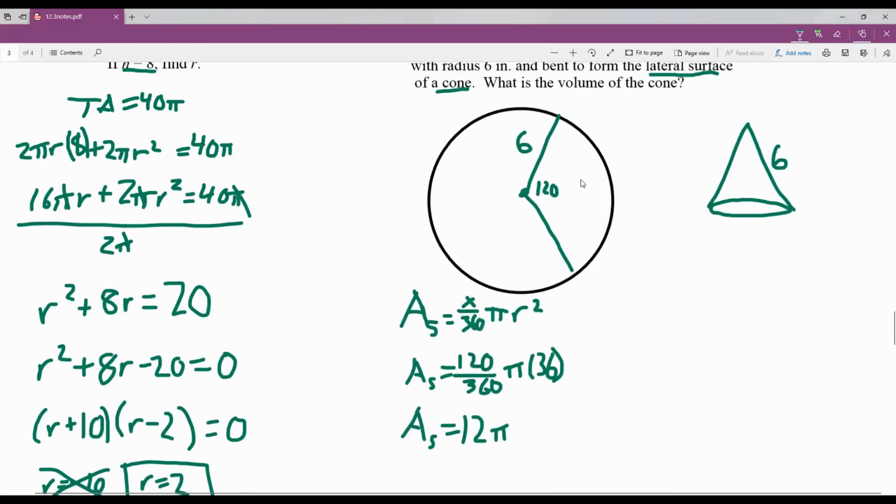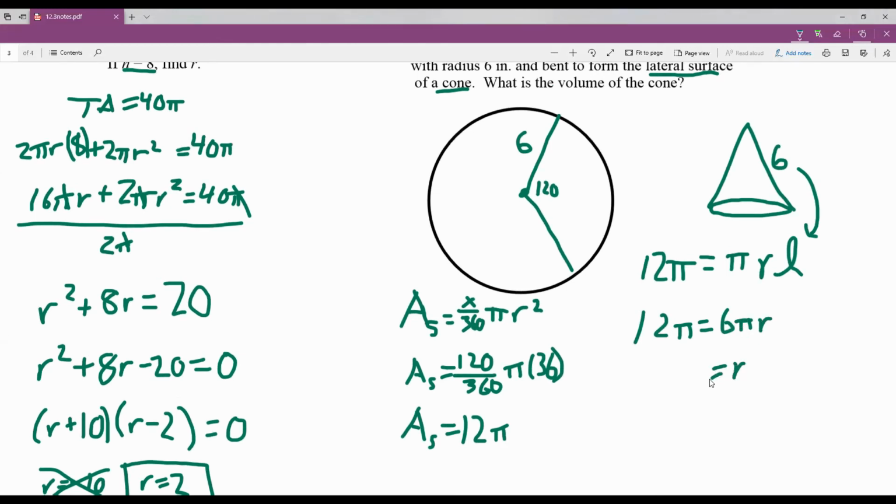So we take the area of this sector and we set this equal to pi r l. We know the slant height is 6, so we take that 6, plug it in for L. We're going to have 12 pi is equal to 6 pi r, which means our radius is equal to 2.